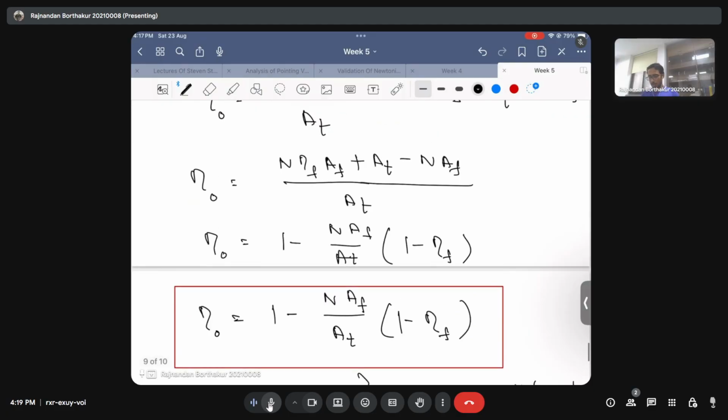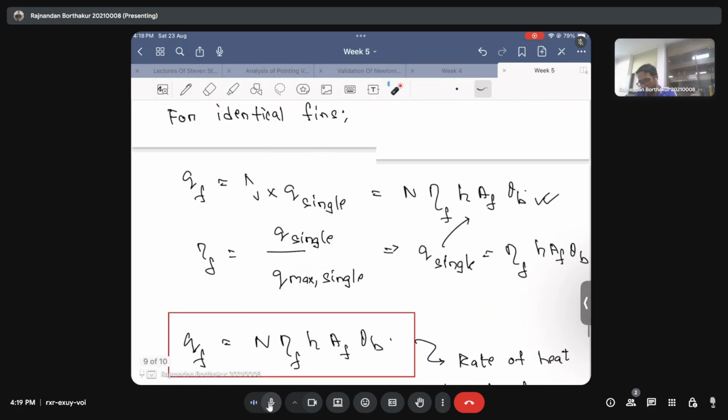Okay, so you can realize that this overall fin efficiency is written in terms of the number of fins that you are using, the area of each fin and the total area, and the efficiency of each fin. So if you know these parameters, you can get an expression for the overall fin efficiency of the stacked assembly.